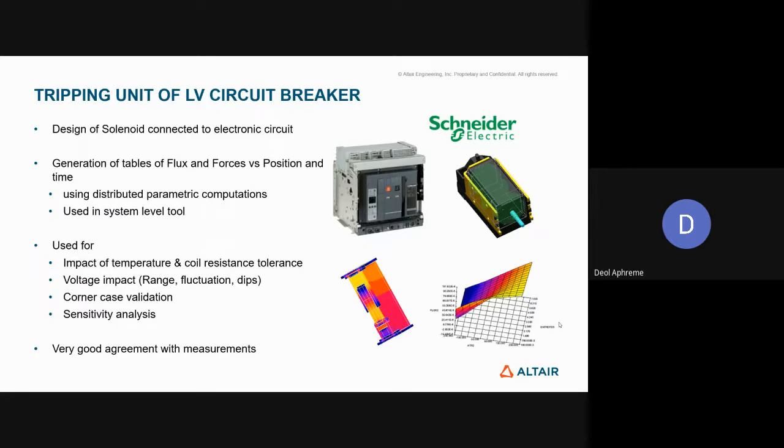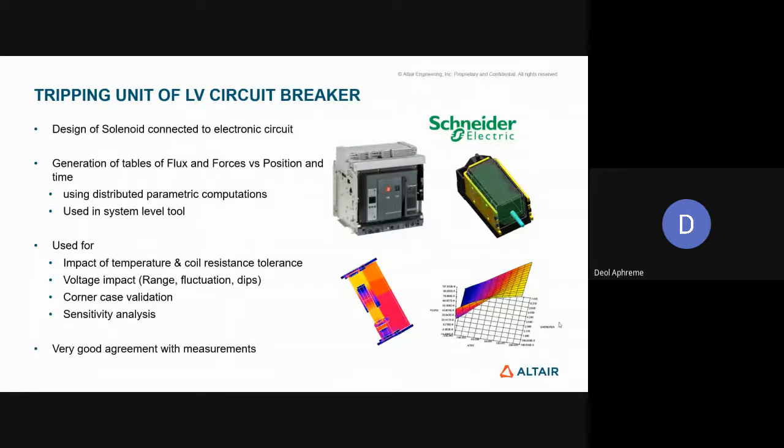So they used parametric computations to find the optimal size and the optimal number of turns, and then used system level tools. And then they got very important parameters such as the temperature, the coil resistance, and the impact of the voltage in case of harmonics, or if there are any fluctuations in the input voltage, what would be the reaction. The corner case validation.